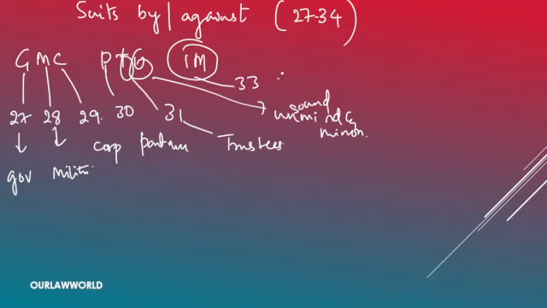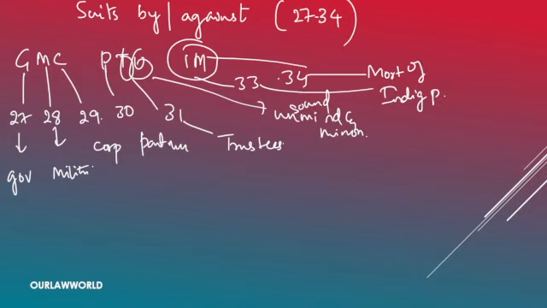The last two orders left are 33 and 34. 33 is regarding suits by indigent persons and 34 is suits relating to mortgages of immovable property. So these orders start with suits by or against, or suits. Just remember this code so that you can easily recall all of this.